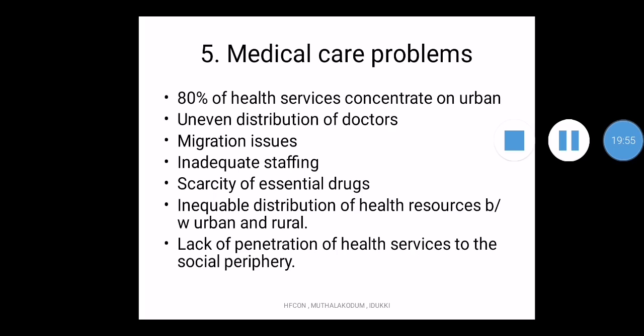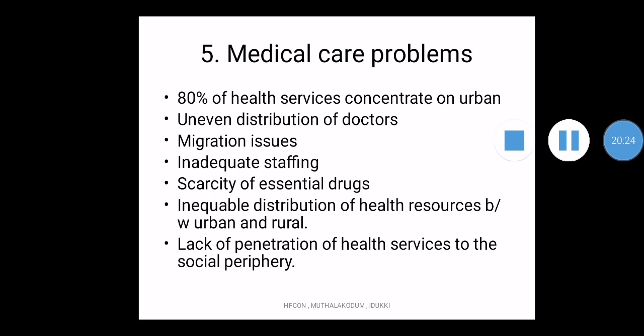Then scarcity of essential drugs. Sometimes we face a scarcity of various emergency drugs or first line treatment because, as I have told, the supply, equipment, and money all matter in India since it is a developing country. The unequal distribution of health resources between urban and rural areas is one of the main factors of medical care problems. In urban areas we have private sectors also, and even the private sectors focus on the urban sector. Why?